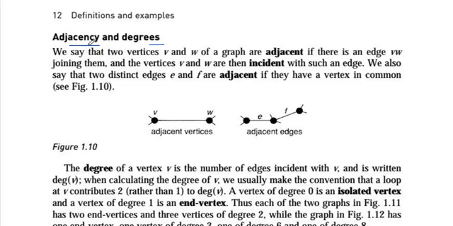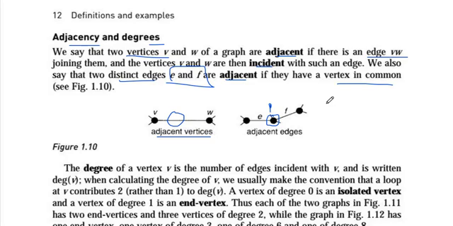We said that two vertices V and W of a graph are adjacent if there is an edge VW joining them. So we have one common edge between two vertices, so they are called adjacent vertices. V and W are then incident with such an edge. We also say that two distinct edges E and F are adjacent if they have a vertex in common, like just say P. So one vertex is common between two edges, so they are called adjacent edges.